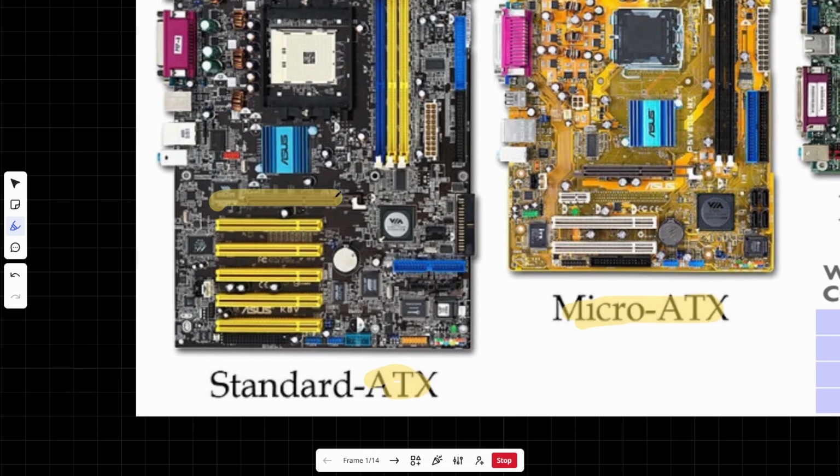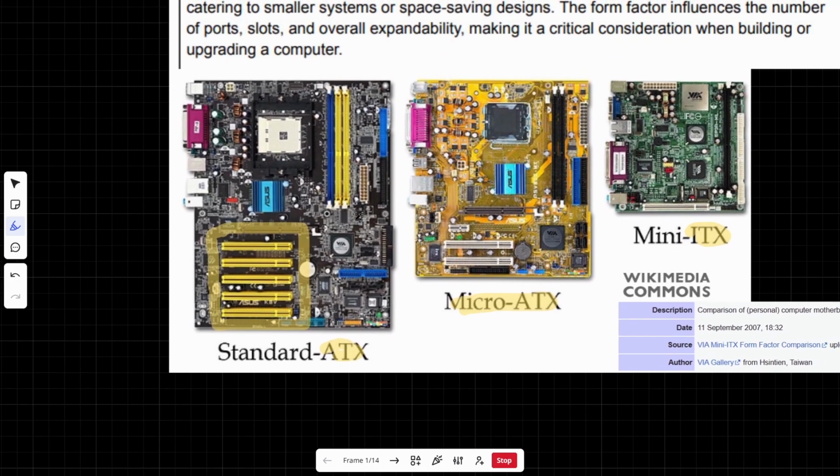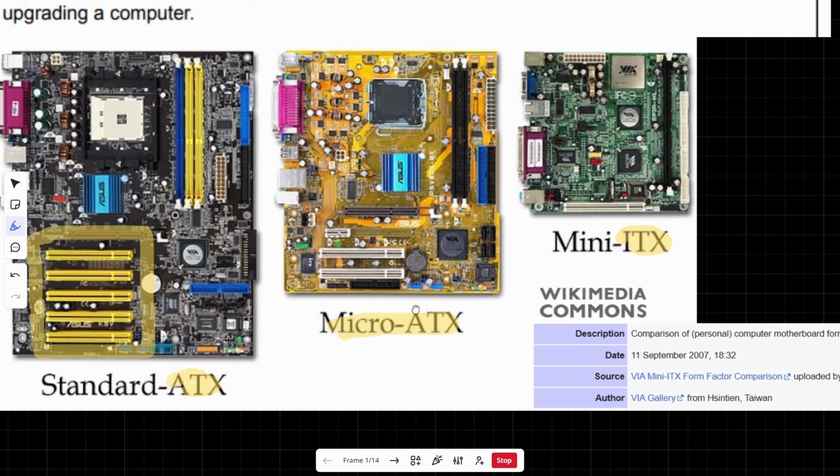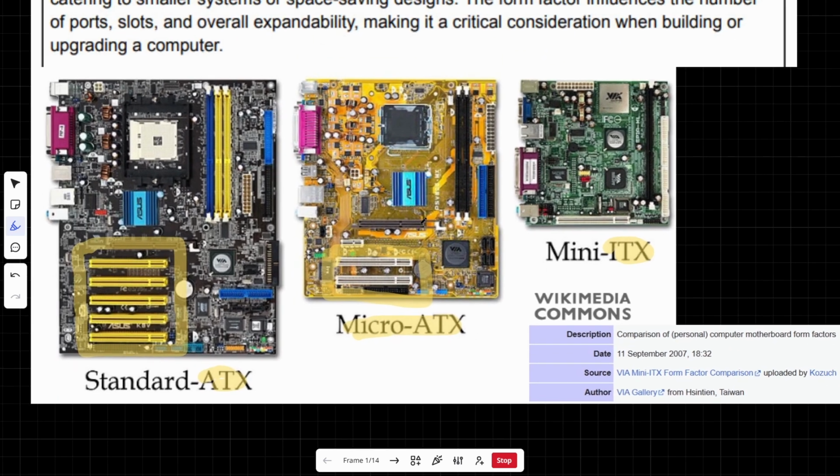So you can see here, you've got a lot of opportunities for expansions in those PCIe slots. There's a lot of room for potential expansions there. Whereas the MicroATX is a little bit smaller. There's still some room for expansion, but not as much. It's not as large. You're not going to be able to fit as much in there. It's not going to be as highly or easily customizable.